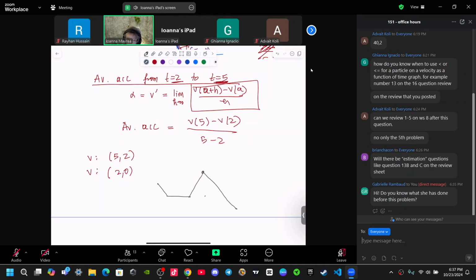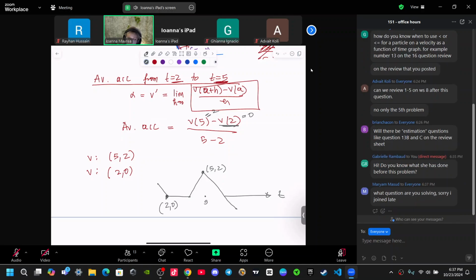This is the point 5, 2, and this is right on the t-axis, the point 2, 0. So v of 2, the y coordinate, is 0, and this number is 2. So this is going to be 2 minus 0 over 5 minus 2. Again, leave it like that. Don't simplify.